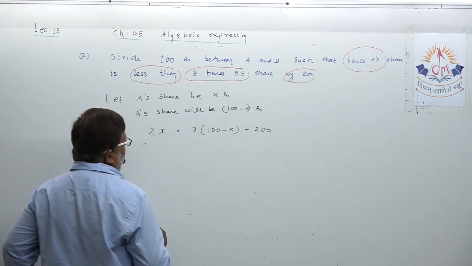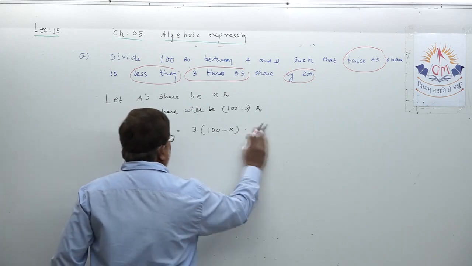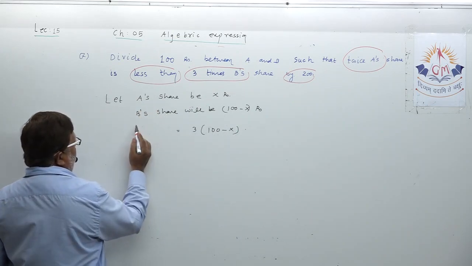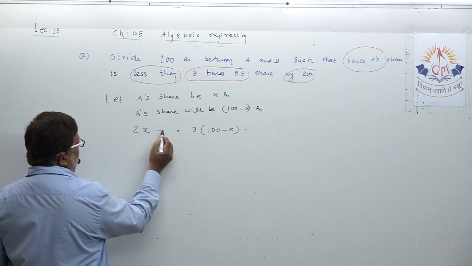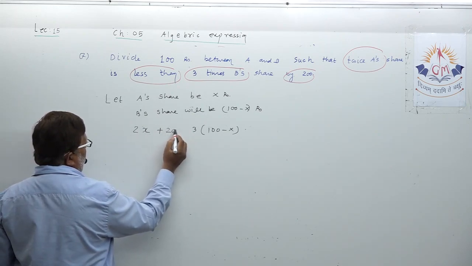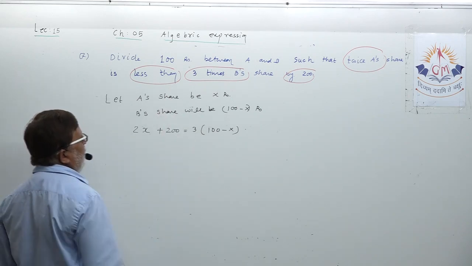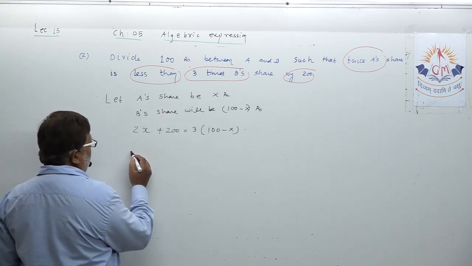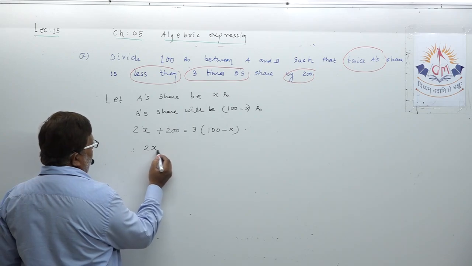Yes, okay. We have to take here, dear student, twice A's share is less than 3 times B's share by 200, so you have to take 200 here. Now just a question of solving.